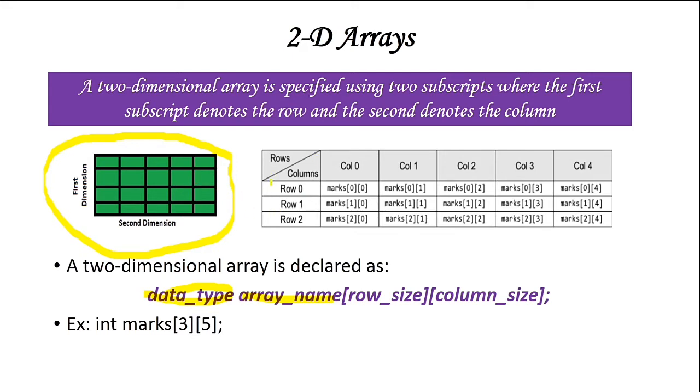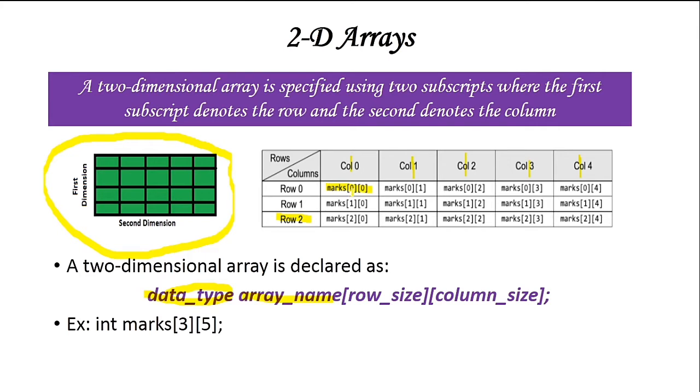Now if I have row indices row 0, row 1 and row 2, and column indices column 0, 1, 2, 3 and 4, here is how you can represent it. Mark of 0, 0. This is an example of a mark array.